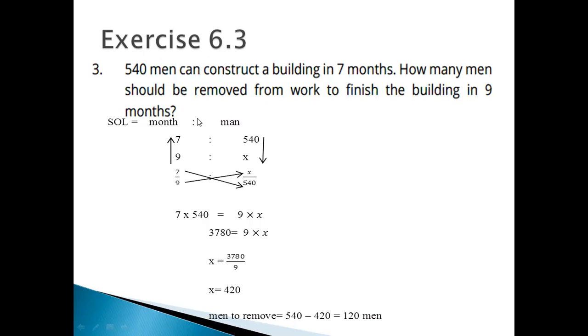So months ratio men. When 7 months, 540 men. When 9 months, automatically some men will be removed from 540. So it will be X. Look at the arrowhead.